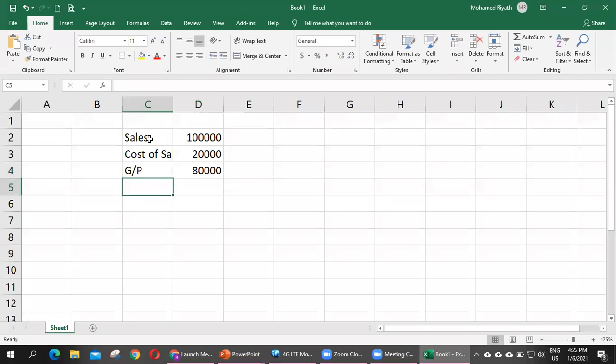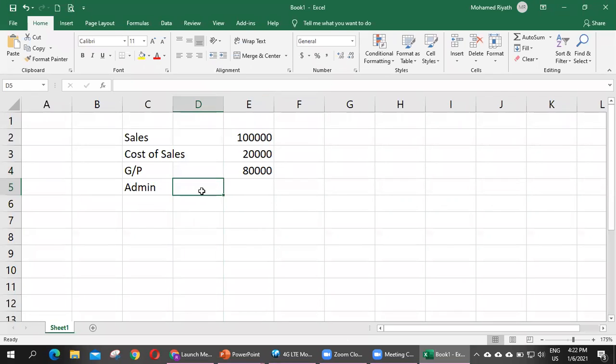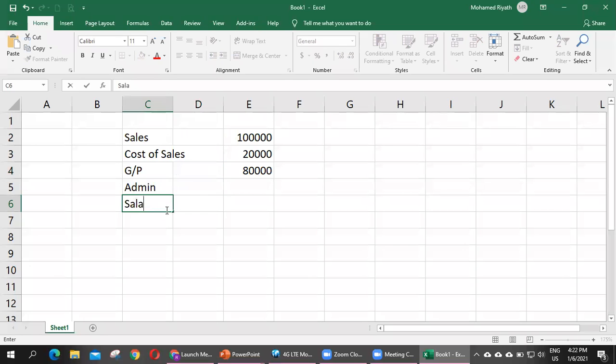And admin expenses. Assume admin expenses are salary of about 8,000 and rent say 2,000.